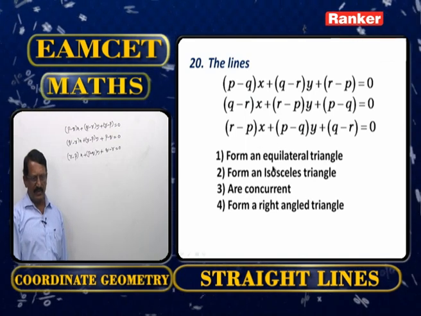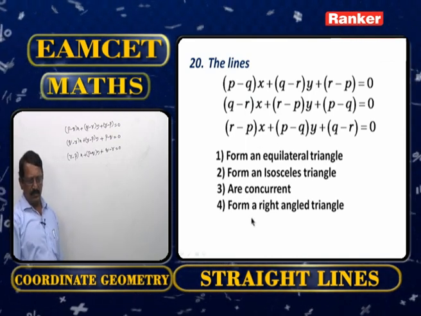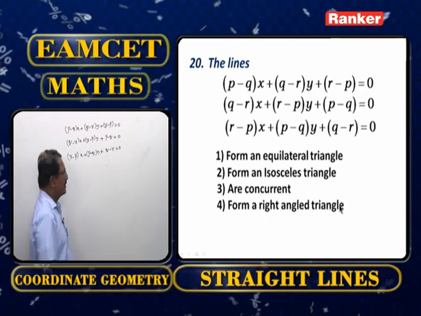Options: form an equilateral triangle, form an isosceles triangle, concurrent, or form a right angle triangle.